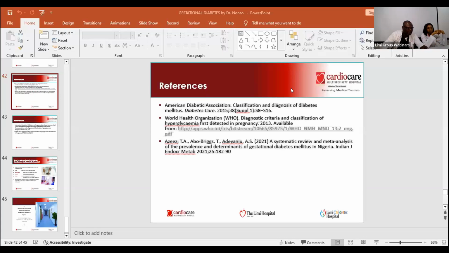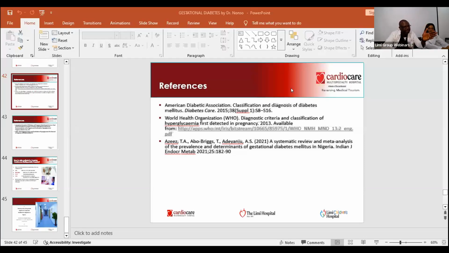Which cutoff are we using, WHO or others, for the diagnosis of GDM? It's a serious question. Presently, what I use is the International Association of Diabetes and Pregnancy Study Groups criteria, which WHO, ADA and Canada came together on. Why?